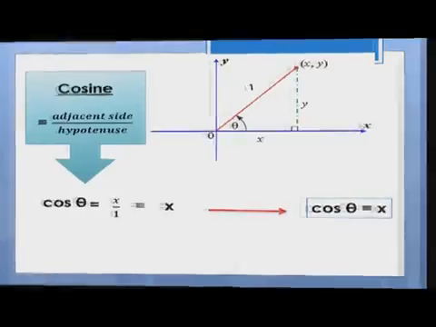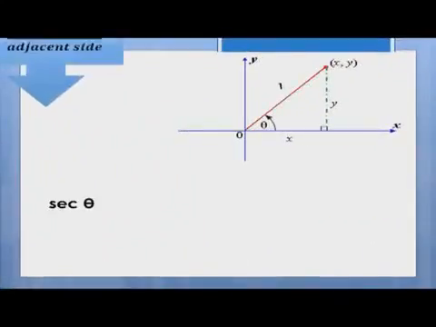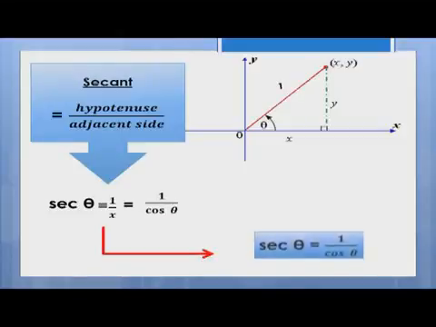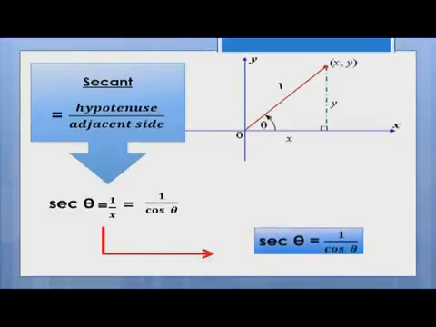How about the secant theta? Secant theta is defined as the ratio of the hypotenuse and the adjacent side. The hypotenuse is equal to 1 over the adjacent side, which is x. Therefore, secant theta is equal to 1 over cosine theta.